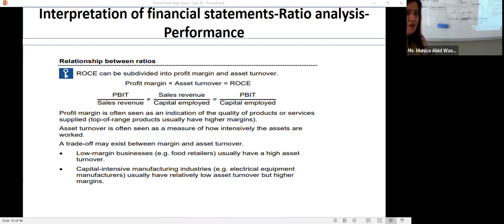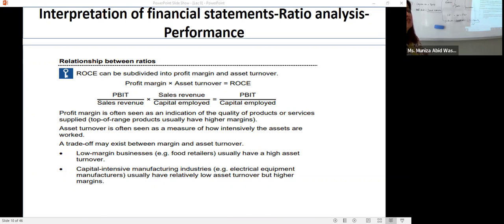Do you remember the concept of depreciation and amortization? It increases when the organization is using older assets. Organizations which are highly machine intensive, their assets become old with the passage of time.